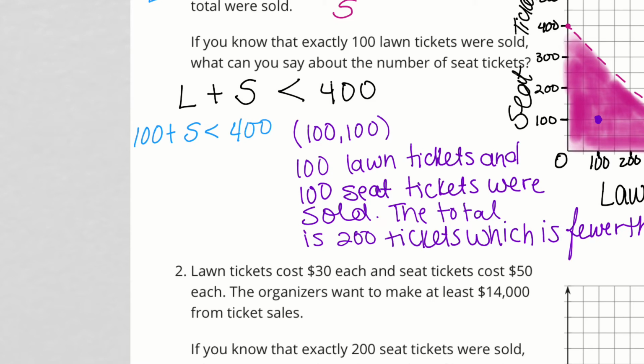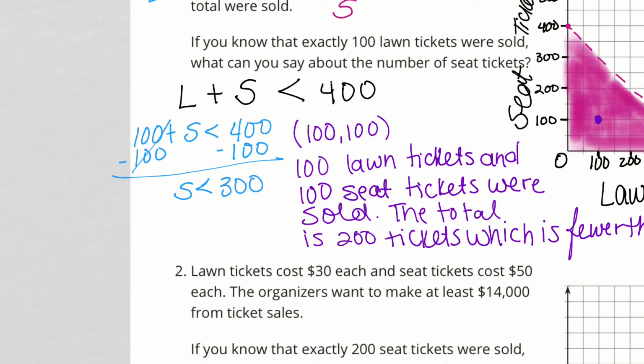How do I solve for S? Subtract 100 from both sides. And we get S is less than what? S is less than 300.